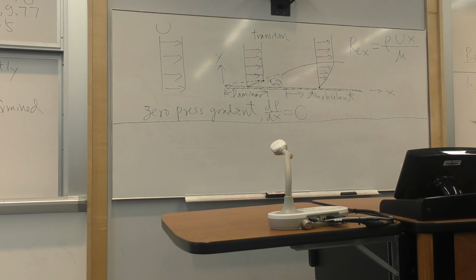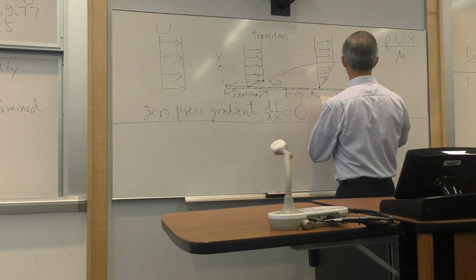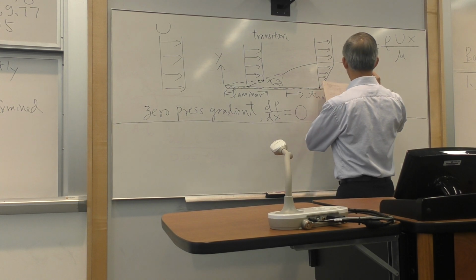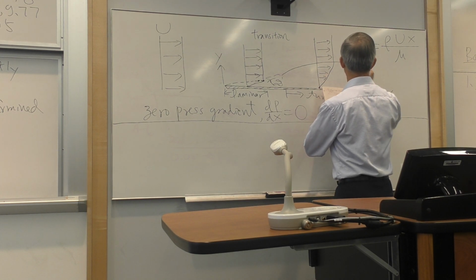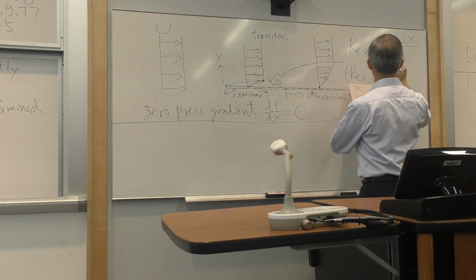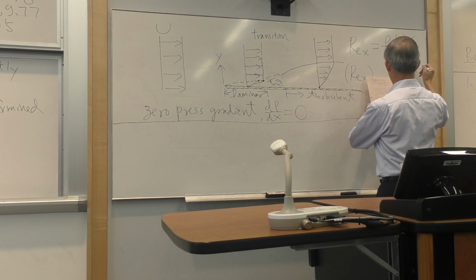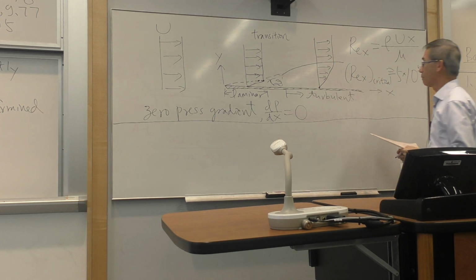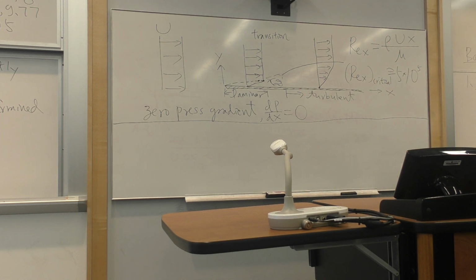If this Reynolds number, we call it the critical Reynolds number, is about 500,000 based on the distance from the leading edge, anything less than 500,000, the boundary layer will behave in a laminar way, meaning layers.